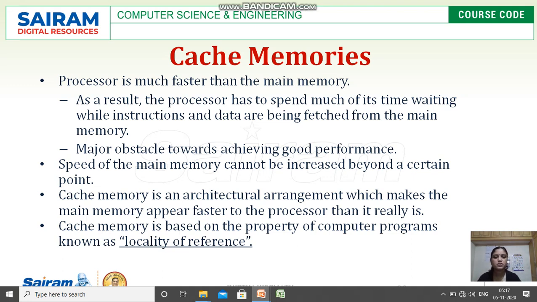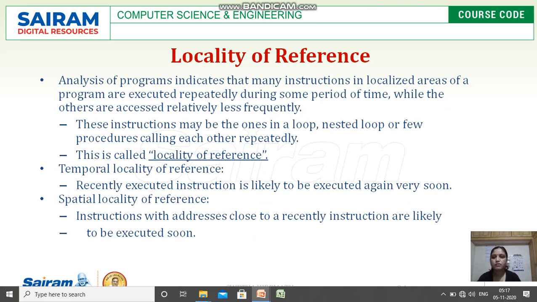This cache memory is based on a property of computer programs known as locality of reference. So what is this locality of reference? Analysis of programs indicates that many instructions in localized areas of a program are executed repeatedly during some period of time, while the others are executed relatively less frequently.